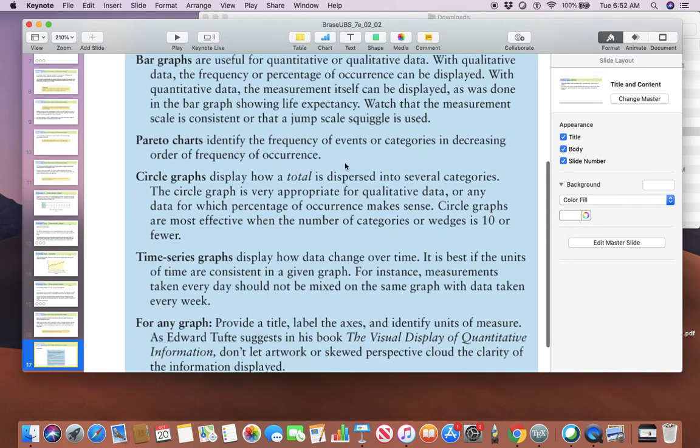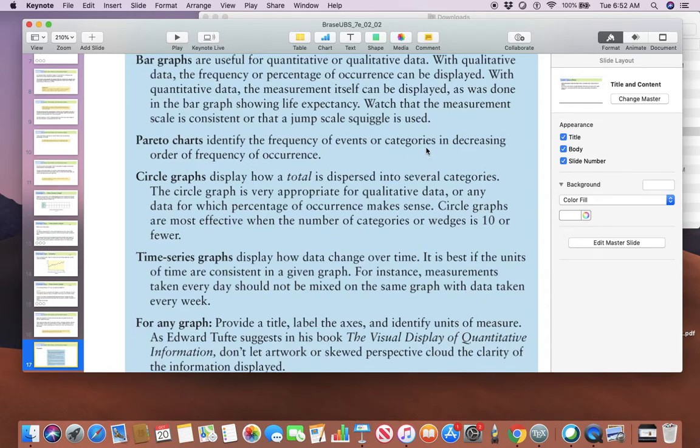Pareto charts identify frequency of events or categories in decreasing order of frequency. So Pareto charts are essentially bar graphs, except the tallest bar is drawn first, and then you proceed. This is done for events or categories.